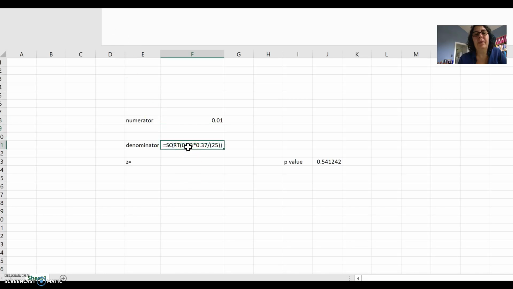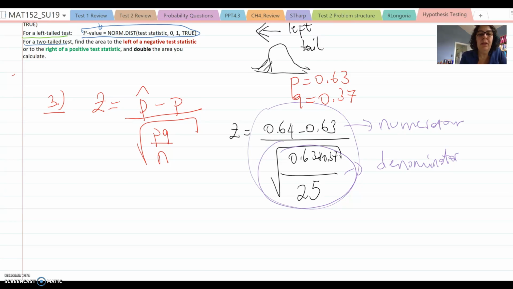So that's the number actually. And that's the number. Now for z, I'm going to enter equal this one divided by this one. Here we go. So that will be my test statistic, z value. I'm going back to my canvas and I'm going to copy it down there. So z will be equal to the test statistic.